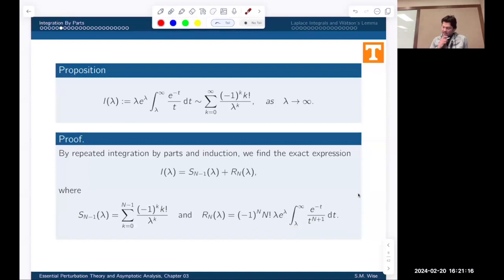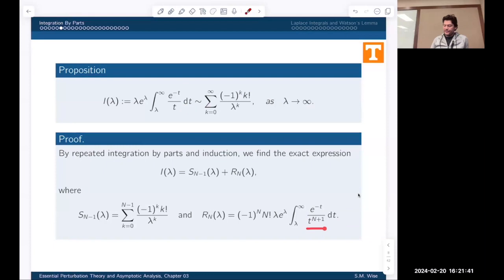So notice that the integral that I end up with is definitely not simpler than the one I started out with. After doing n or n plus 1 steps of integration by parts, I end up with an integral that looks like this. The integral that I started with looks a whole lot simpler.